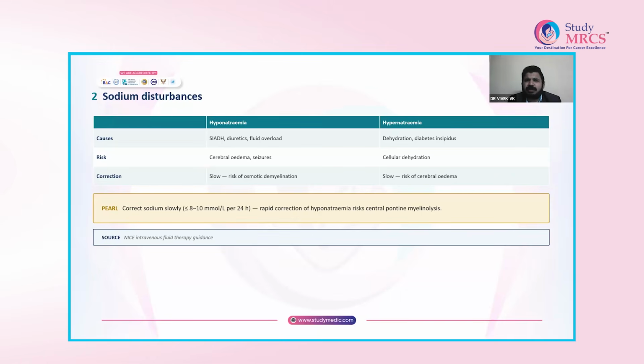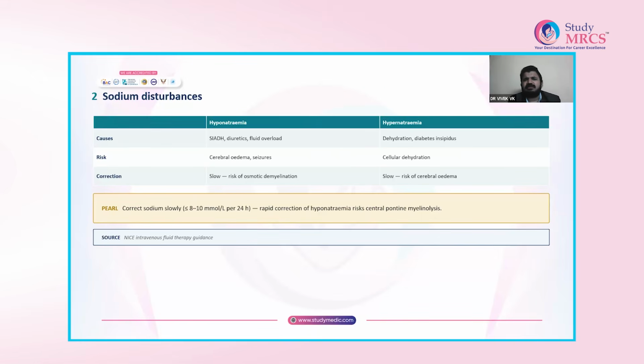And how will you correct the hyponatremia? You should always correct the hyponatremia in a slow manner. The rapid correction of hyponatremia can lead to osmotic demyelination. That is, correct the sodium slowly, about less than 8 to 10 millimole per liter in a 24-hour period.